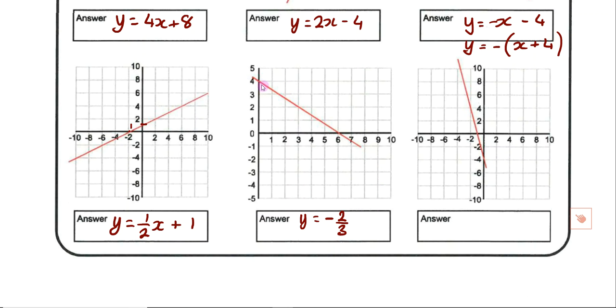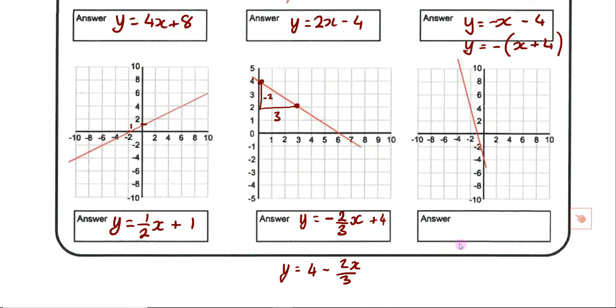So if I pick 2 points, the rise is dropping 2, so it's negative 2, and the run is 3. So in this case, we just have to write it like that, rise over run, and just leave it. We can't simplify it. So it's negative 2/3 x plus 4, which we could also write as 4 minus 2/3 x.